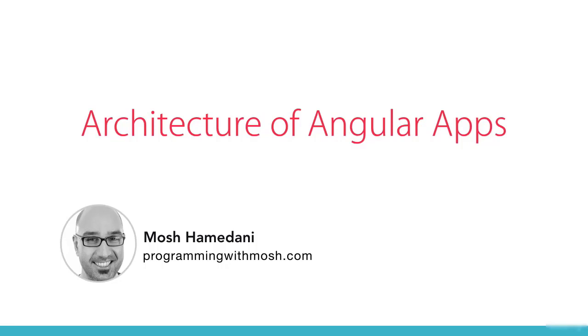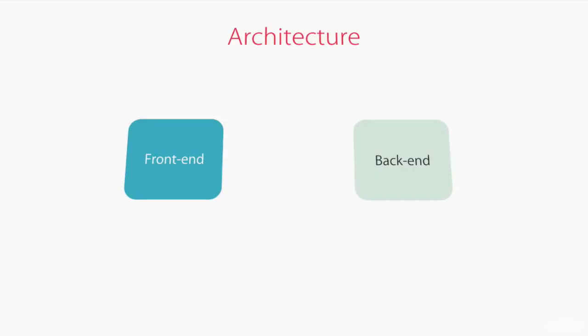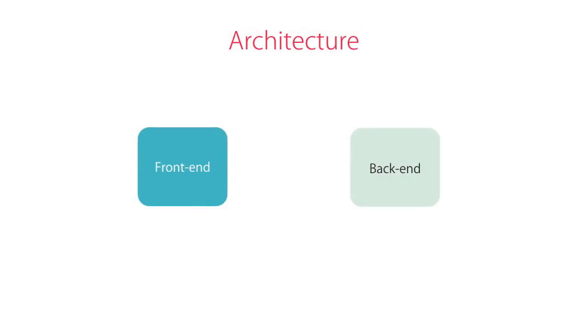All right, now that you know what Angular is, let's take a look at the architecture of Angular applications. A lot of modern applications have at least two parts, a front end and a back end. The front end, also called the client, is the part that runs in the web browser, and this is what the user sees and interacts with.